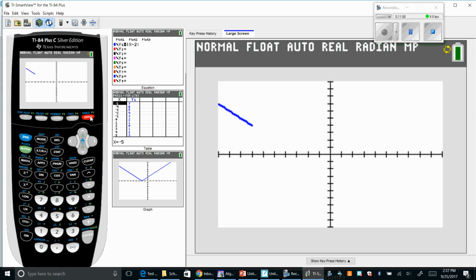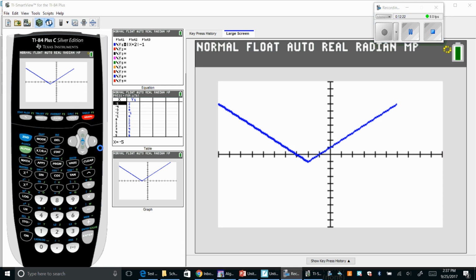And graph that. All right, looks like to me there's a relative minimum because this comes to a point. So I'm going to find that value. Second trace, something's not working here. All right, I'm going to move on because I want to get this done during seventh period, but my calculator is frozen.